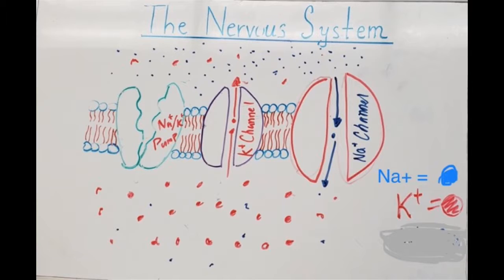The actual signal is transmitted with the help of sodium and potassium channels. They allow for the diffusion of sodium and potassium ions. More specifically, the sodium channels cause depolarization. Depolarization, or reduction of the difference between the charges of the interior and exterior of the axon membrane, is what transmits the signal.